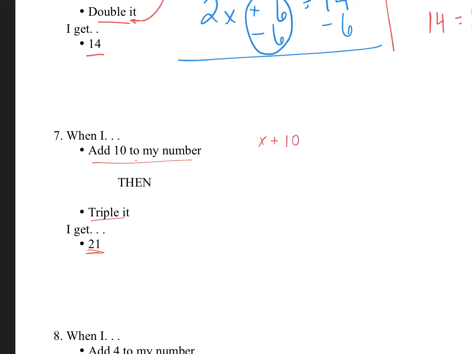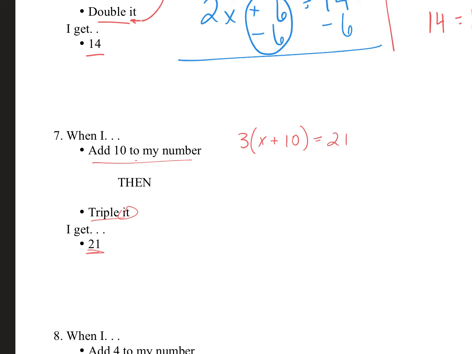And then I triple it. In this case, it means x plus 10. To triple that, I use my parentheses and multiply that whole thing by 3. So I add 10 to my number and then triple my number, and when I do that, I get 21.